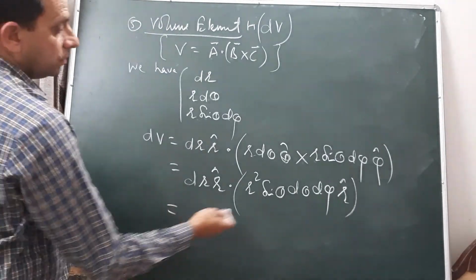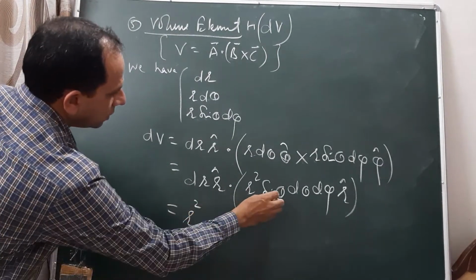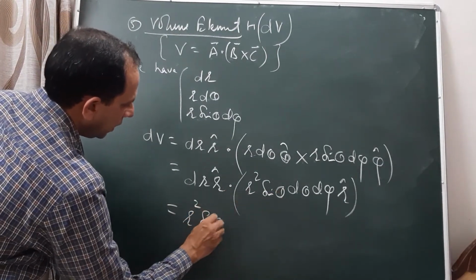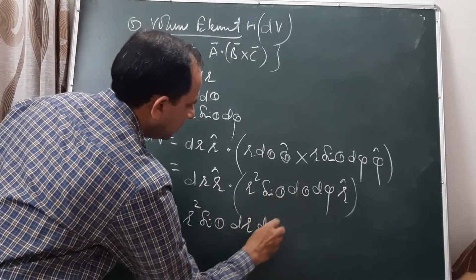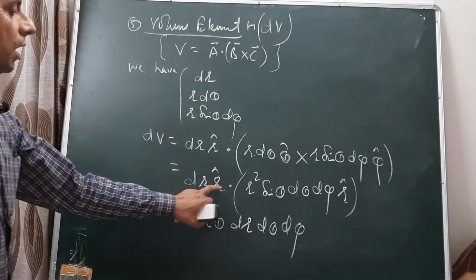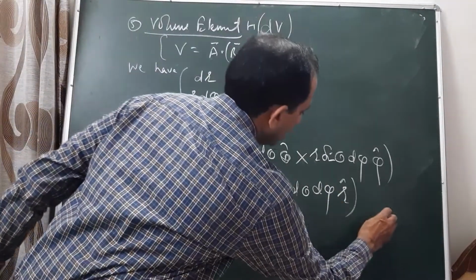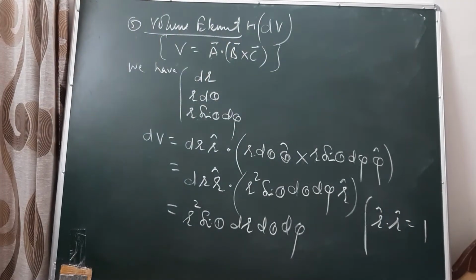Now the dot multiplication of both: r square as it is, sin theta as it is, then I will write dr, d theta, d phi, this is a single order, and r cap dot r cap, you know that r cap dot r cap is 1 as i dot i is 1.